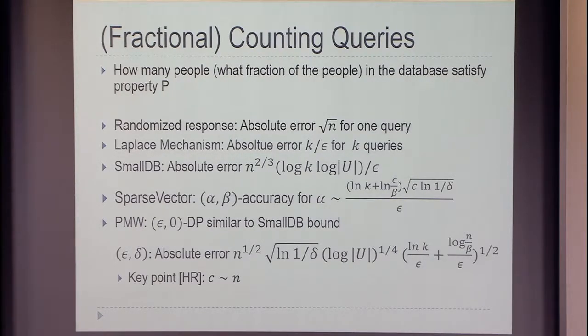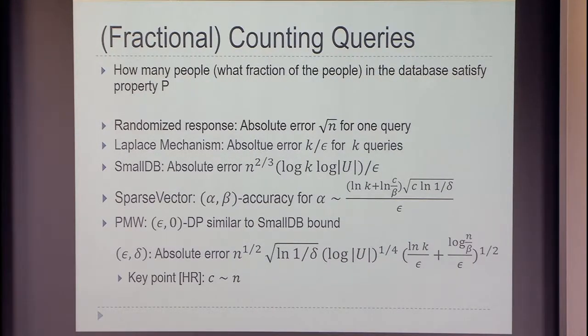So what happens here? We get down to what happens with private multiplicative weights. If you did simple composition, then you would get a bound that is similar to what you get in the BLR, Blum, Ligett, and Roth algorithm. But if you use epsilon-delta differential privacy, you get an error that looks like this.